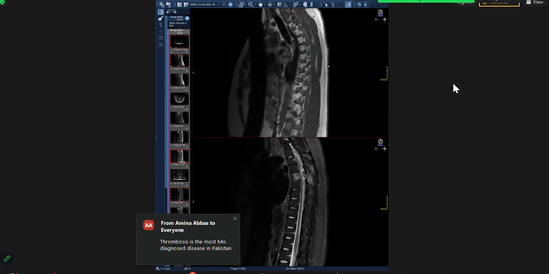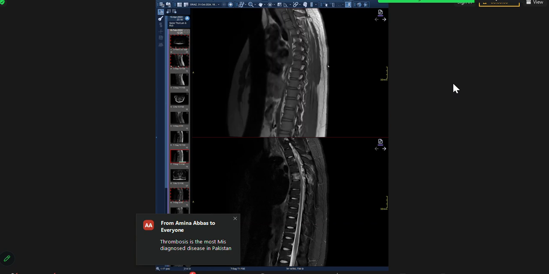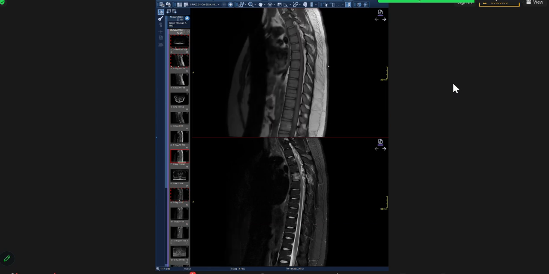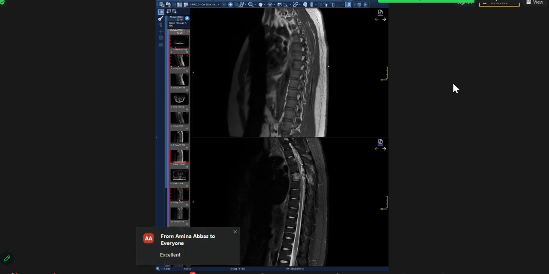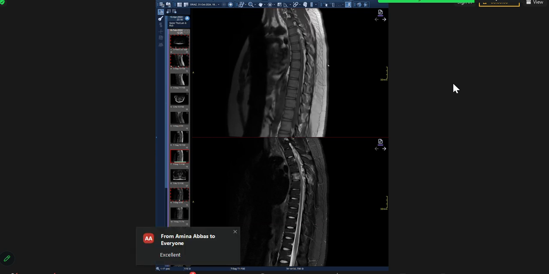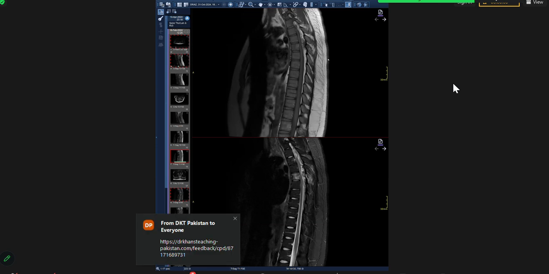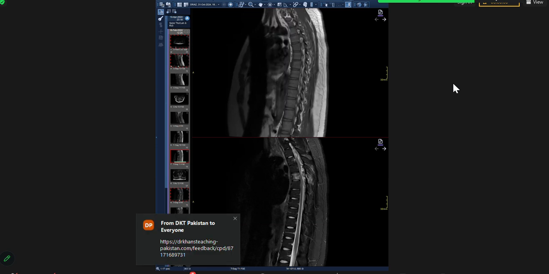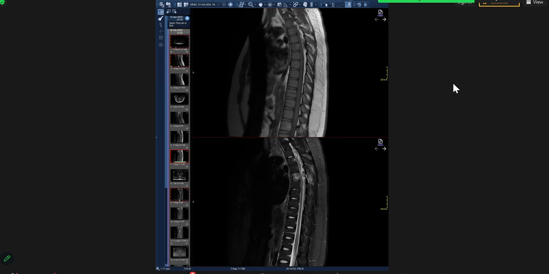So this patient is a 22-year-old male who presented with severe back pain and also came to the emergency. I'm provided with MRI thoracic spine, sagittal sections T1 and T2, showing altered MR signal intensity, an extra-axial lesion posterior to the D4-5 vertebral bodies, and it is compressing the cord anteriorly.